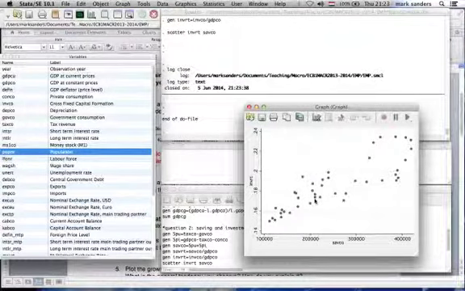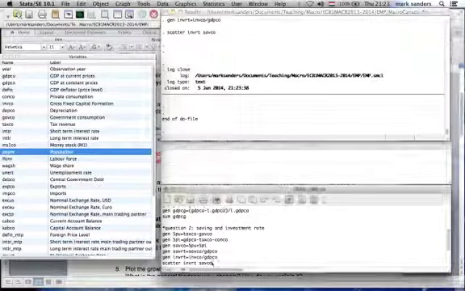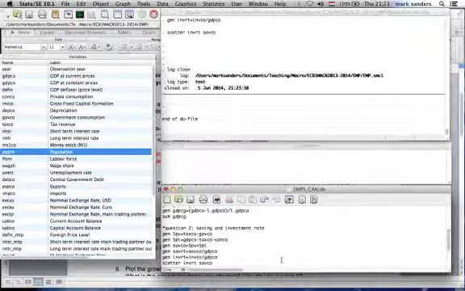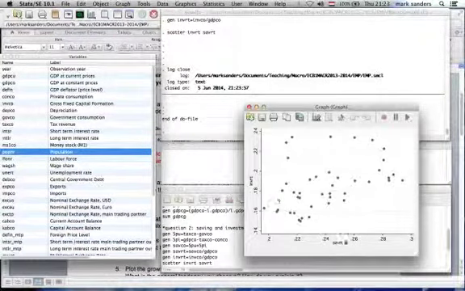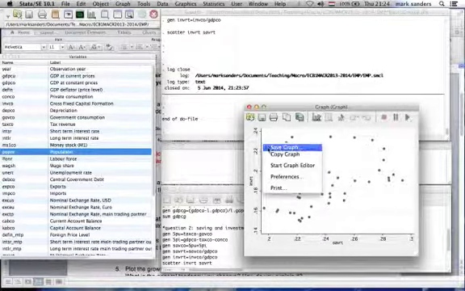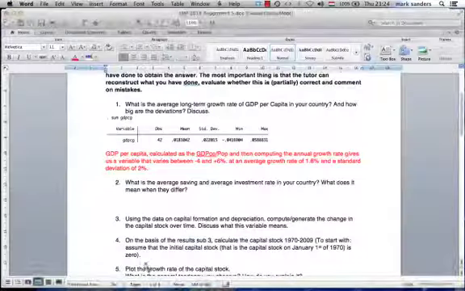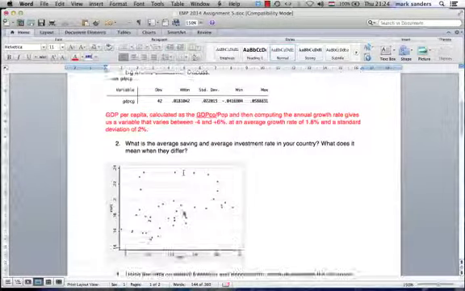But if I do that, I get this nice graph with the investment rate and, of course, I don't want to scatter it with SAV-CO, I want to scatter it with the SAV rate. So now I have the scatter plot, which I can copy and hopefully also paste.